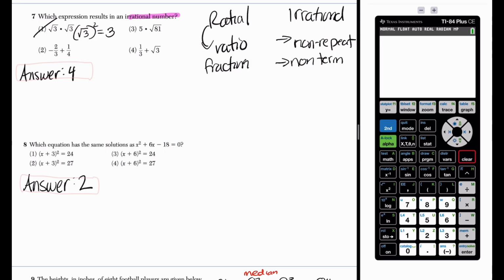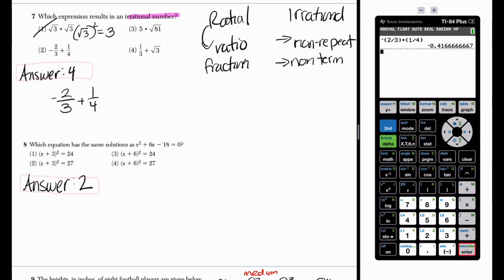Number 2, I can work those numbers out. If you haven't done fractions for a while with adding, yes, you can use your calculator for this if you wanted to. That would be the quickest way. I just put 2/3 in parentheses like this. I know there's a way to represent it as a fraction, I just go kind of quickly. But I can do this, and I'm getting 0.416666 repeating.